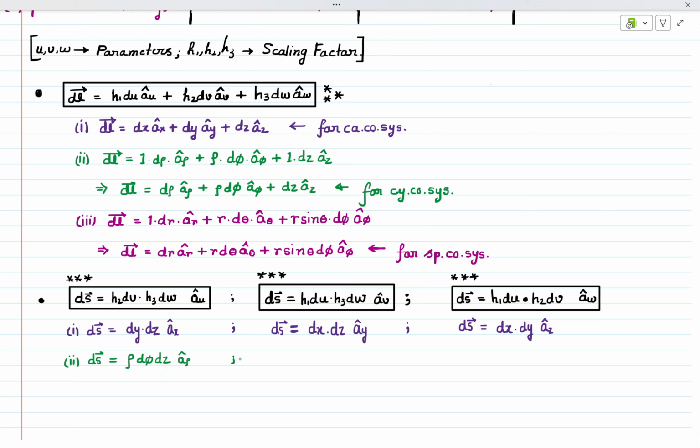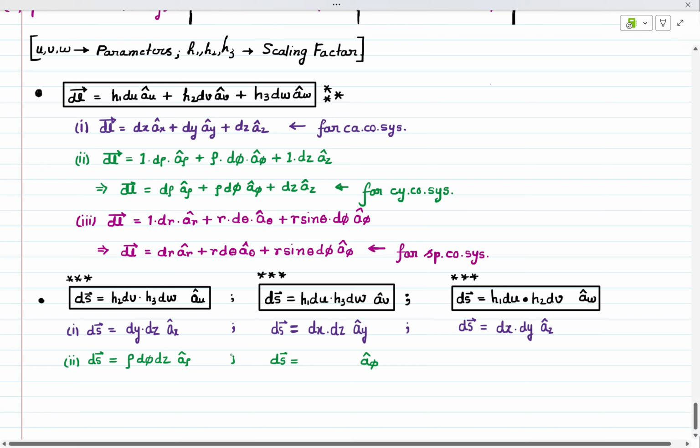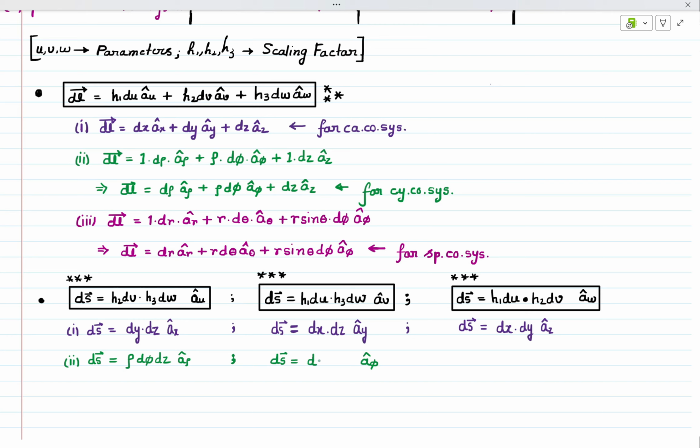In a similar way, I can write the differential area in the direction of av, meaning phi. That is nothing but what? h1 du and h3 dw. h1 and h3 are nothing but 1 and 1. So du and dw will be d rho dz.